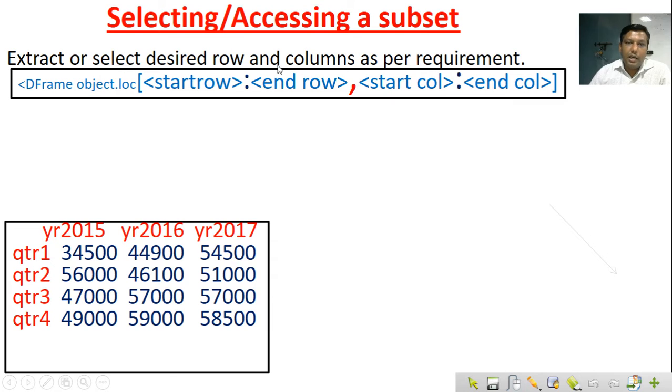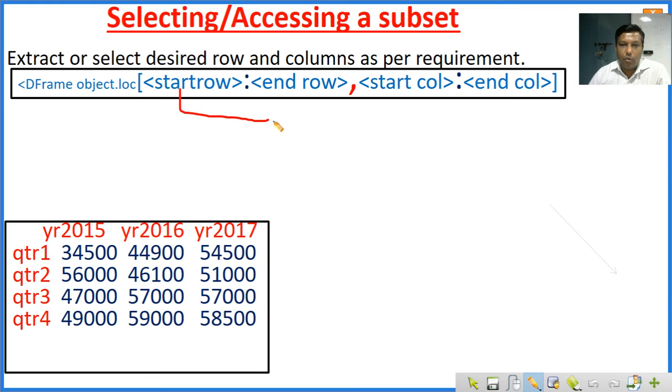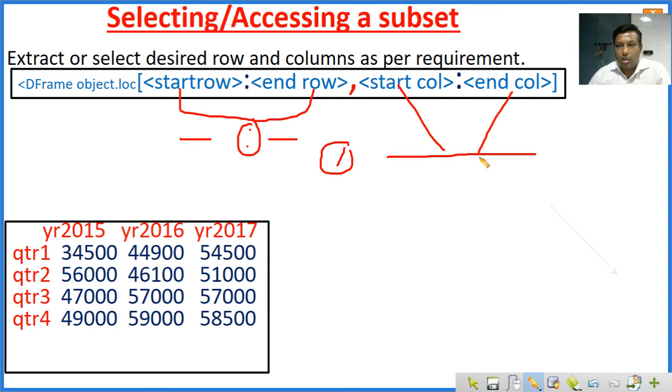To extract or select the desired rows and columns as per requirement, we take start row, column, end row. You can see that this portion is for the row. It gives a range, starting and ending, and it is separated by a comma from the column section, which also has a start and an end.